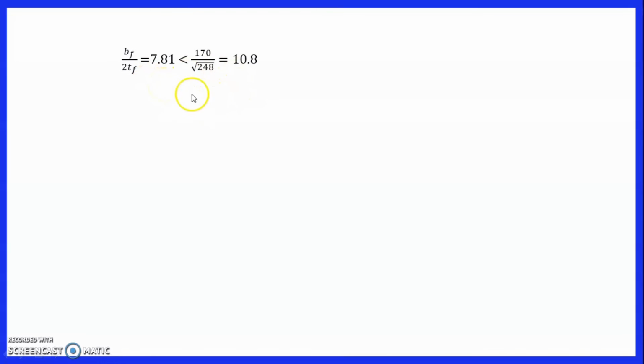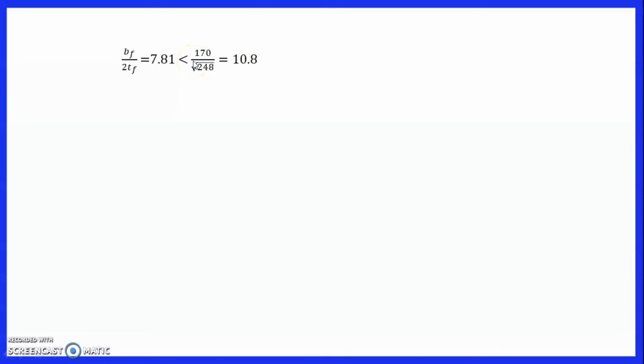So width thickness ratio is equal to the flange width over 2 times the flange thickness, which is 254.36 over 2 multiplied by 6.28, which is equal to 7.81. And here is 170 over the square root of the yield strength, which is 248. So 170 over the square root of 248 is 10.8.